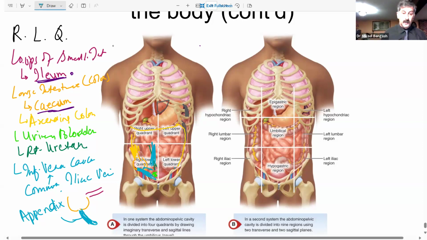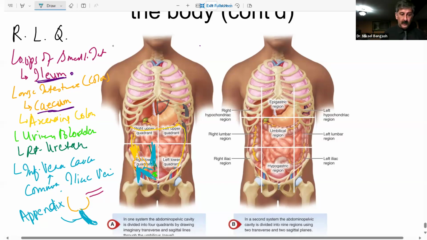So for areas, we can say that you will find the appendix in the right lower quadrant. Or more correctly like this. So in the right lower quadrant, that's where you'll find the appendix.